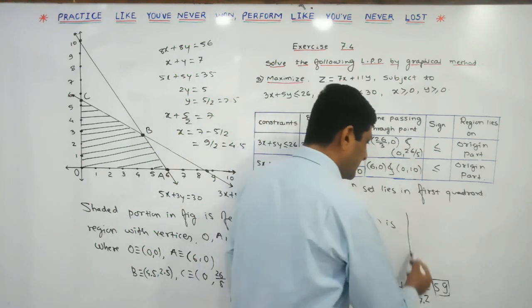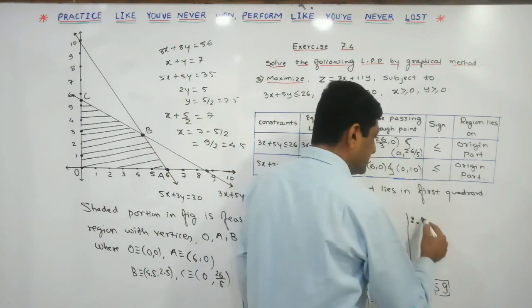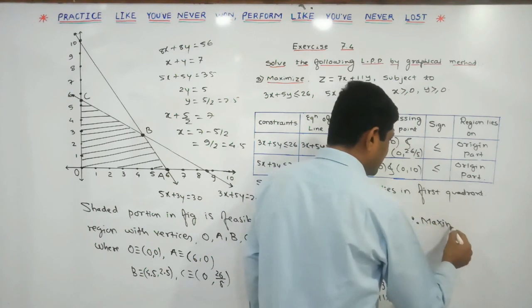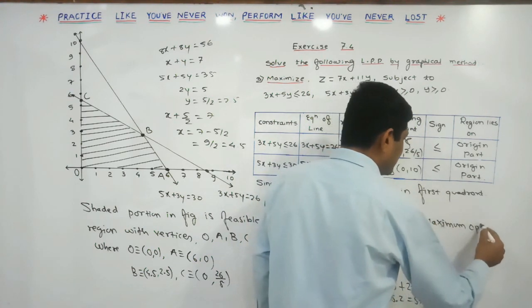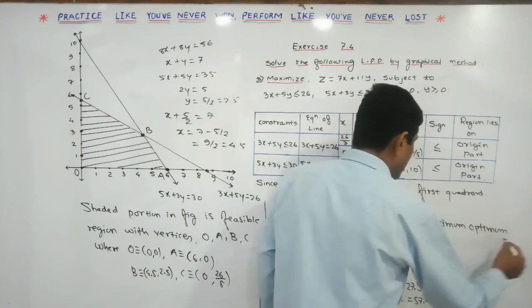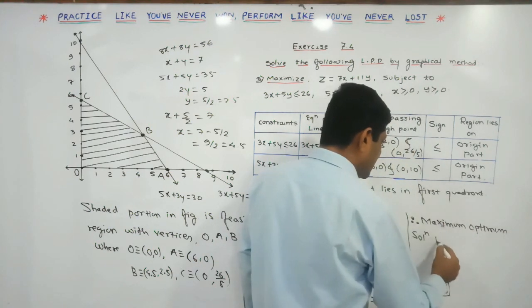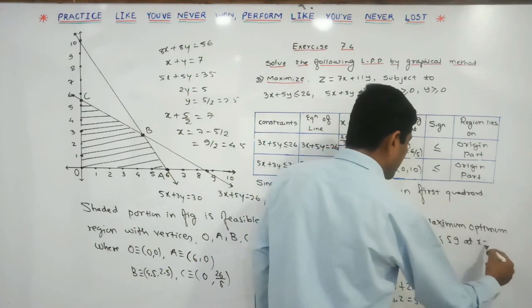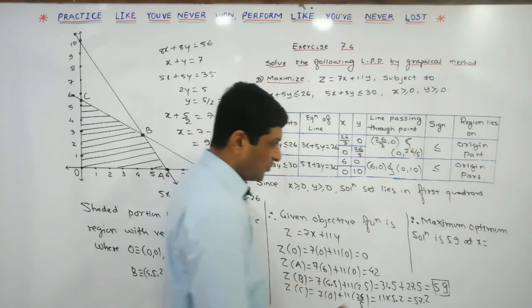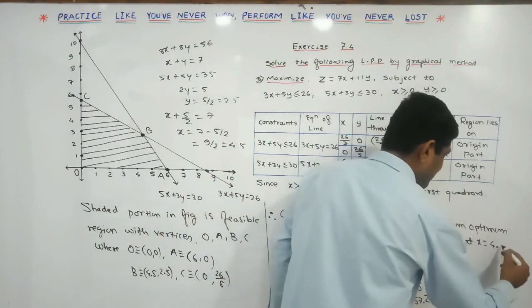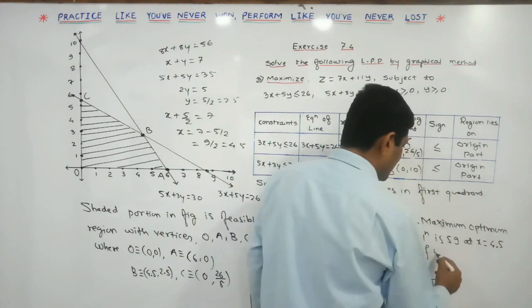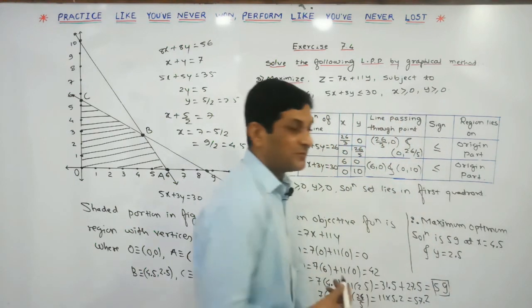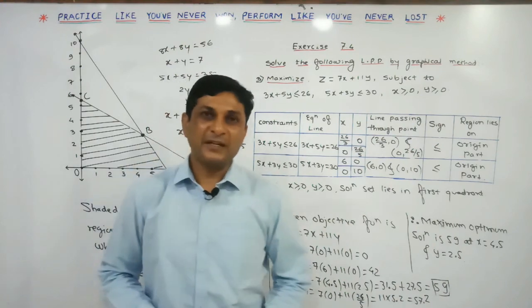So we can conclude that the maximum optimum solution is 59 at x equal to 4.5 and y equal to 2.5. So in this way we are solving the given example graphically.